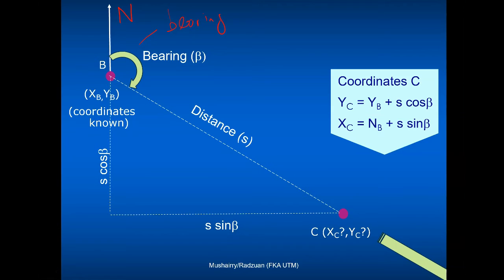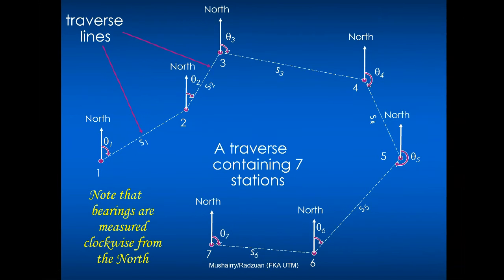So that's basically what we are doing in traversing. We measure bearing, we measure distance, we can obtain the coordinate of C, which we can call a forward point or forward station, if you like. Now, imagine that we'll be doing this in a series, like what is shown on the screen now.